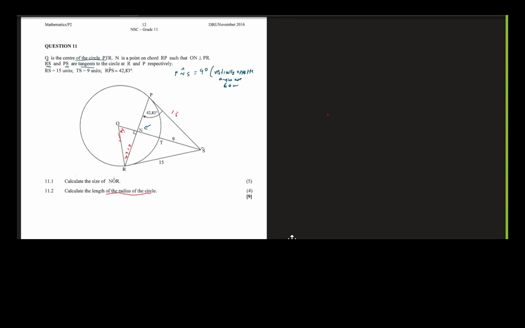Guys, when we have two lines crossing, the angle on this side equals the one on that side, and this one equals that one. We say they are vertically opposite angles. This angle equals this one, and this one equals this one. So this 90 is vertically opposite to this one, so this angle is 90.